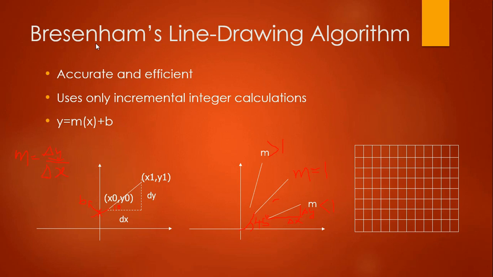And when delta y is more, that is the difference in y is more, then slope value m will be greater than 1. So these are the three conditions you have already learned: m equal to 1, m less than 1, m greater than 1.